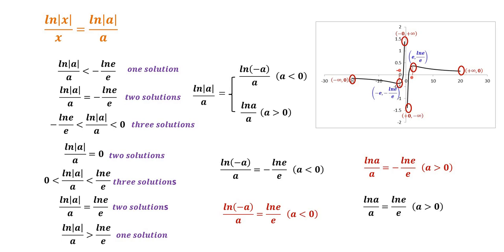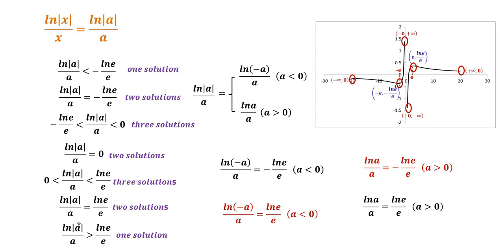When a is positive or negative, we solve this equation at the same level, negative ln e over e and ln e over e. These two equations correspond to this equation with an absolute value sign here, and these two equations correspond to this equation with an absolute value sign.